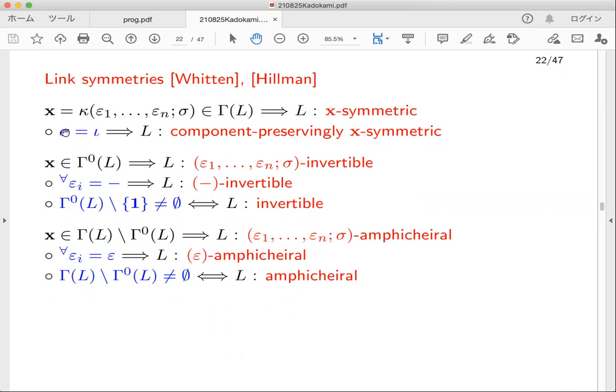In particular, if sigma is equal to iota, identity, then we say that L is component preservingly x symmetric.